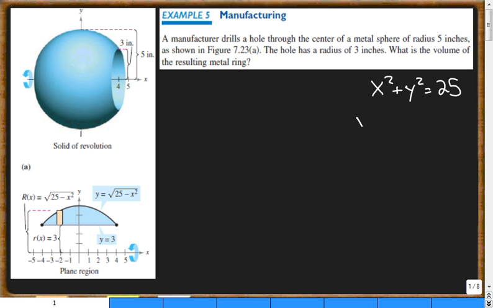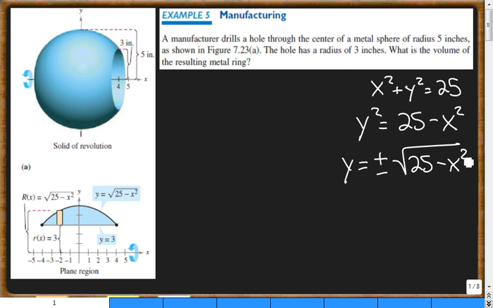You would get y squared equaling 25 minus x squared, and y would be positive and negative square root of 25 minus x squared. Because we are rotating this around, we don't need both the top and the bottom. We just need one. So we pick the positive square root of 25 minus x squared.